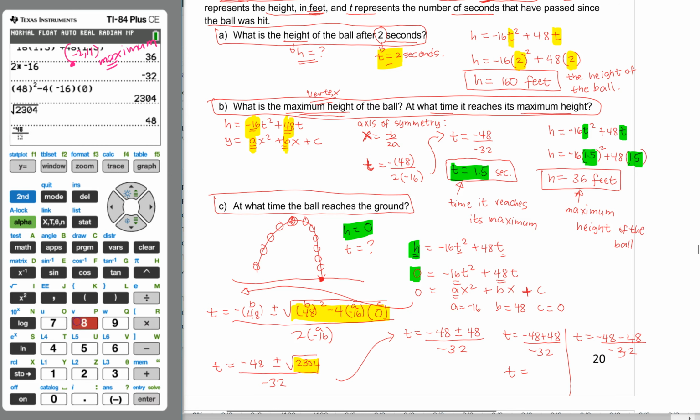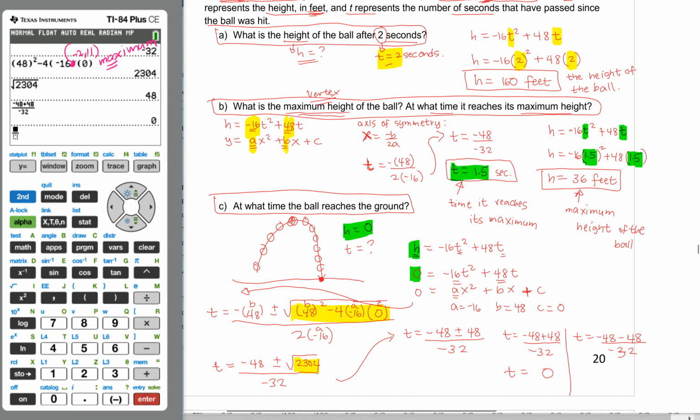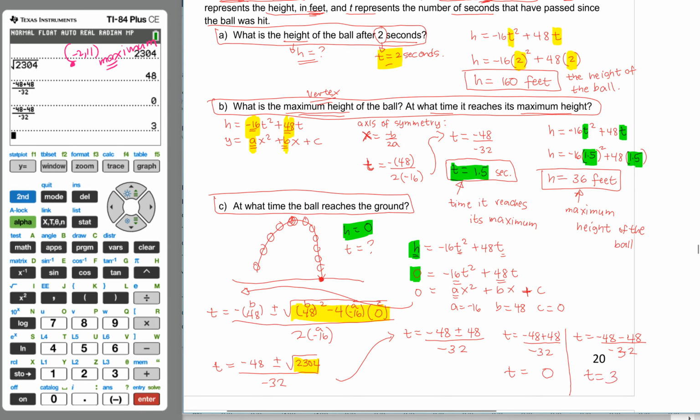Negative 48 plus 48 divided by negative 32, press enter, and this gives you 0. So t is equal to 0. The other one, alpha y equals, press enter: negative 48 minus 48, divided by negative 32. This should be 3. So t equals 3.